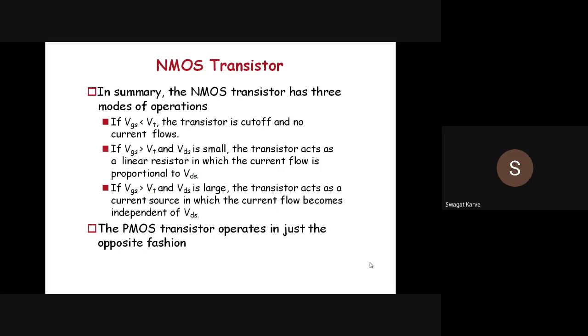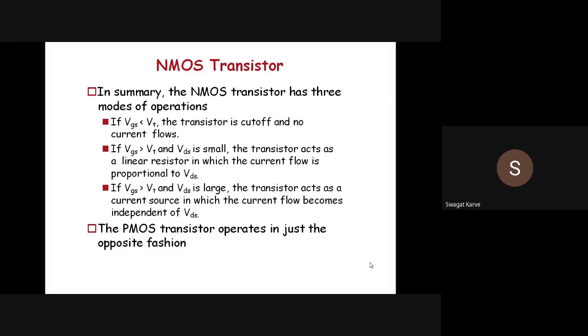Now what happens in the saturation mode of operation? If you further increase the voltages, VGS and VDS, the point will come where pinch off will take place. Pinch off means narrowing of the channel. That means there will not be any space to flow the current.